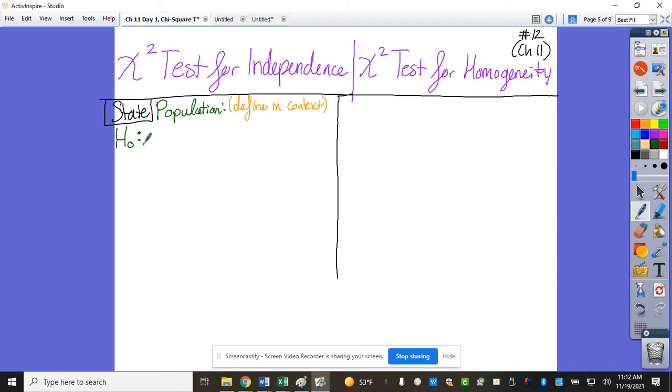Well, we already wrote what this is. For independence, what's my null hypothesis? Row variable and column variable are independent. What's going to change to my alternative?